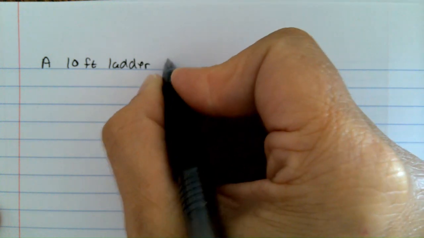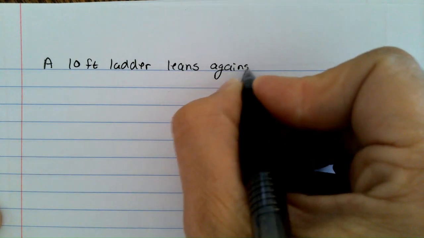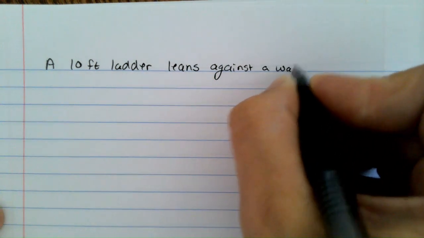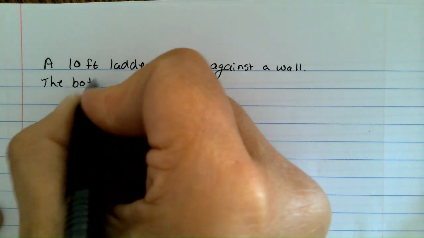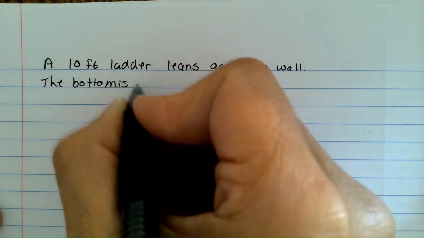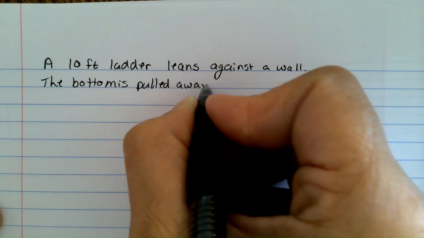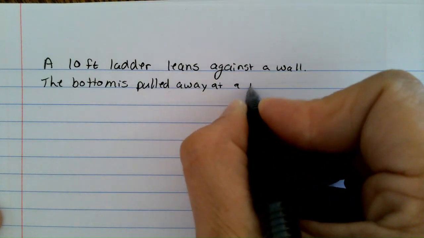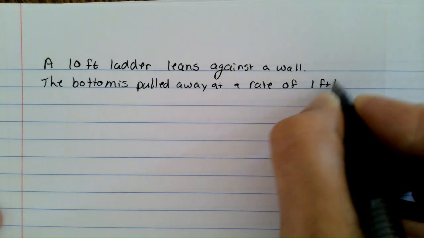All right, so you have a 10-foot ladder leaning against a wall. The bottom is pulled away at a rate of 1 foot per second.